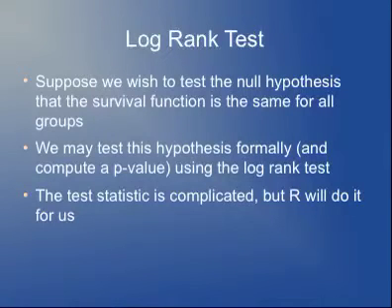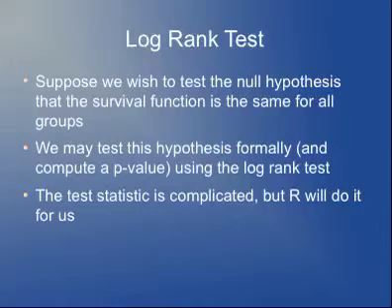And so that's nice. We can plot the Kaplan-Meier curve separately for each level of the factor, but what if we want to test the null hypothesis that the survival function is the same for each group?